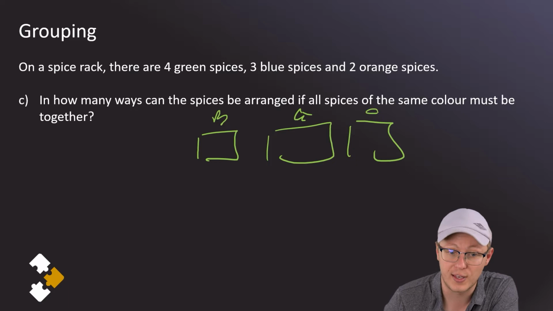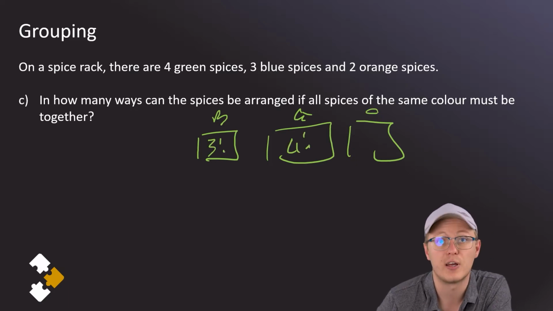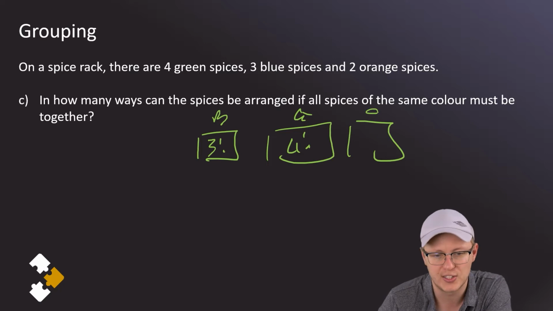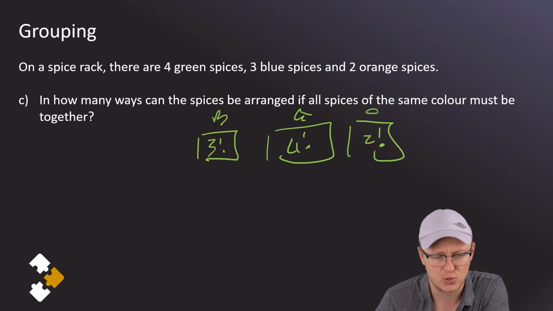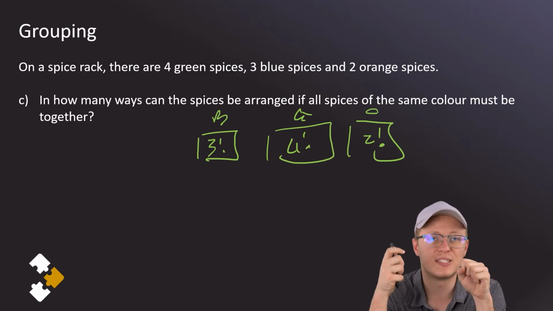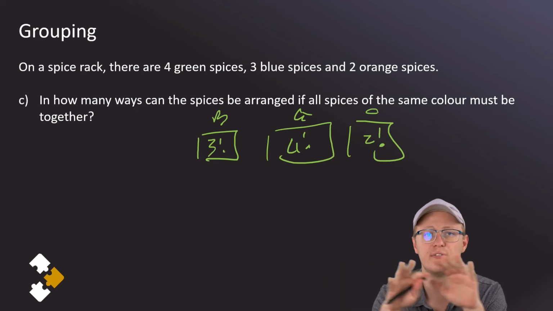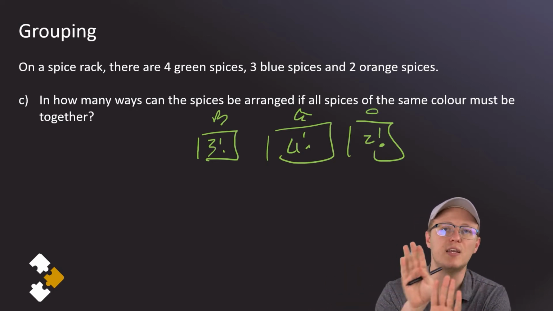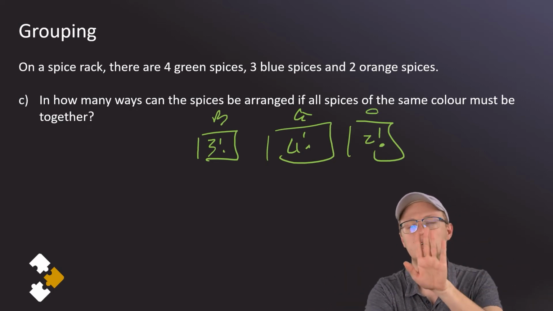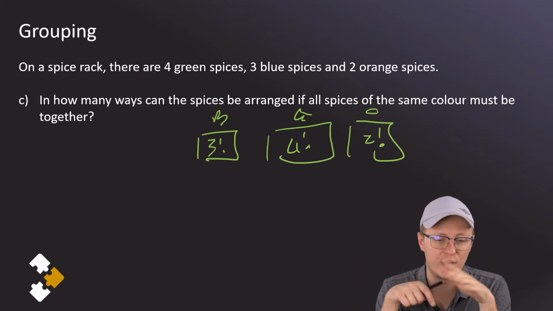And the blue within that group, we had 3 factorial. Here within the group, we could have arranged it in 4 factorial ways, and then for the oranges, 2 factorial, right? But now, those groups themselves are objects that can be arranged on the spice rack, because we can either go green, blue, orange, or orange, blue, green, or whatever the case may be.